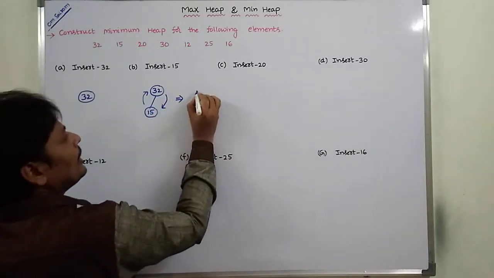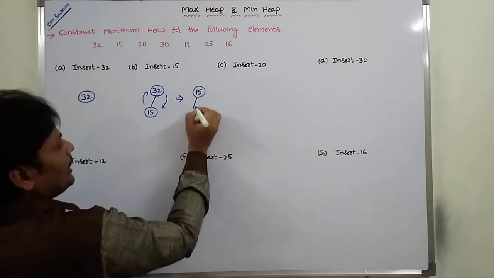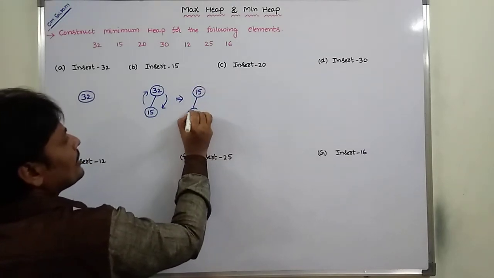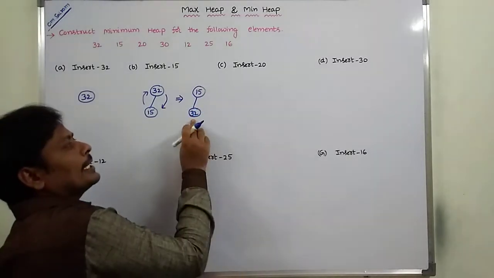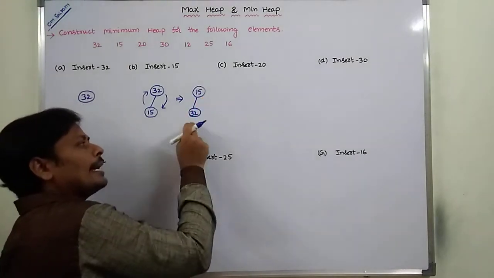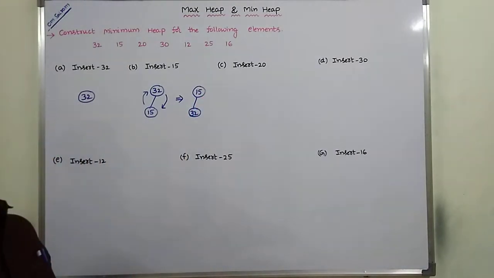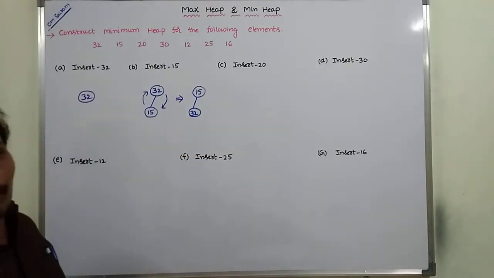Then we get 15 as the root node, the parent node, and 32 as its child. Now 32's parent is 15, and 15 is less than its child's value 32. Now it satisfies the minimum heap property.